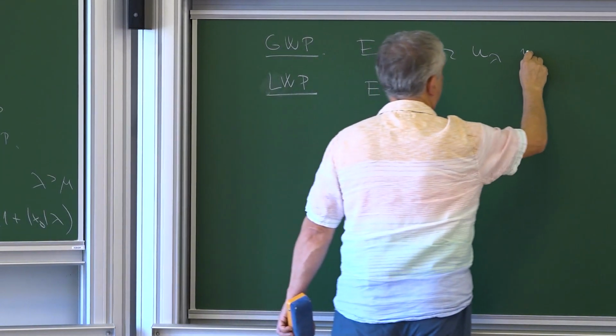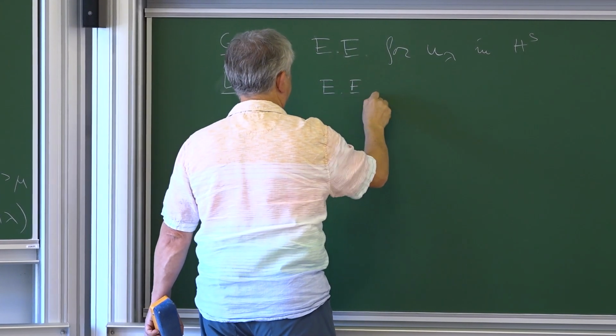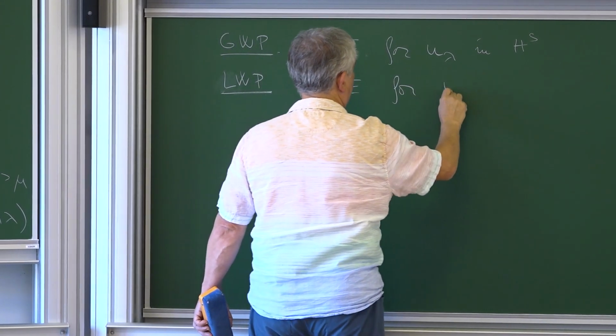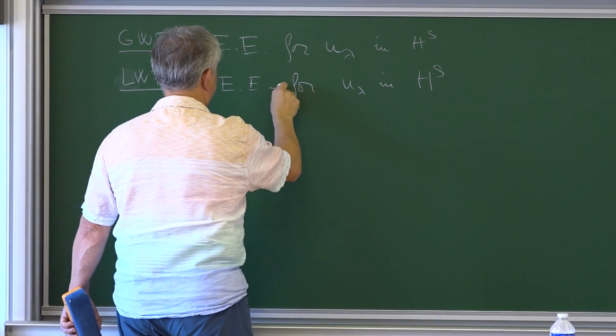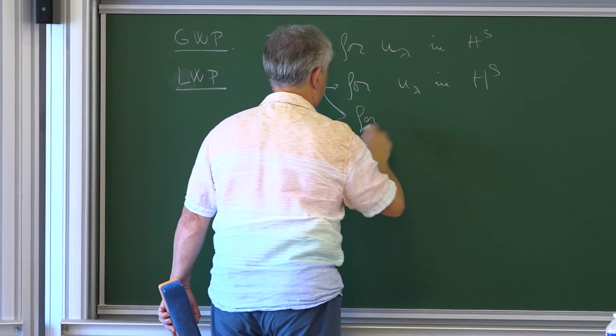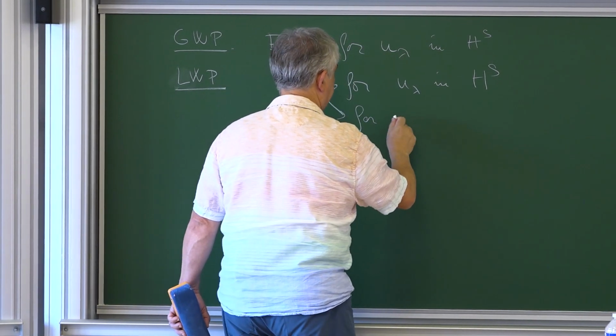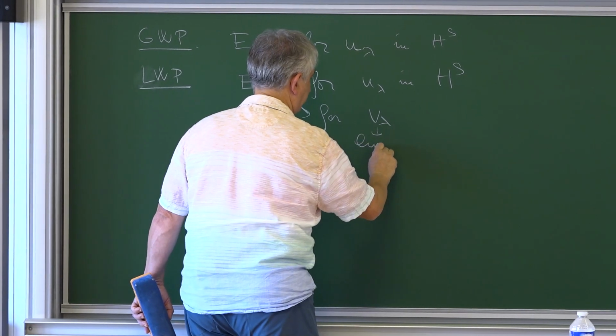So this corresponds to HS if you want. U lambda in HS, and at the same time, we also want to have energy estimates for, let's say, V lambda, which corresponds to the linearized equation.